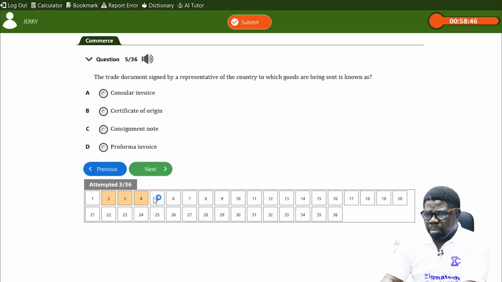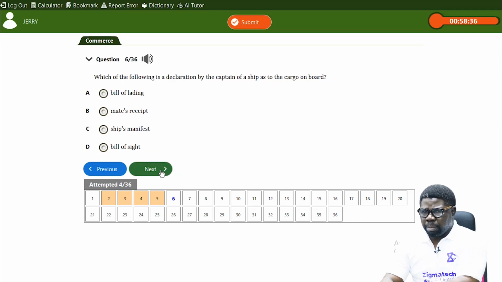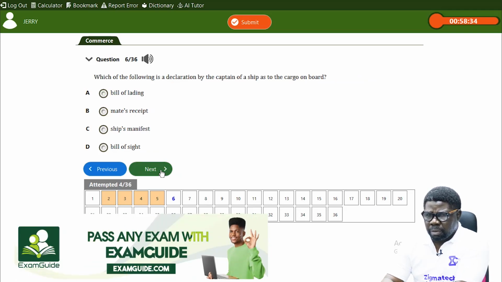The trade document signed by the representative of the country to which goods are being sent is known as consular invoice, but these are not the questions. Let me go to the ones we have just discussed. Which of the following is a declaration by the captain of a ship as to the cargo on board?